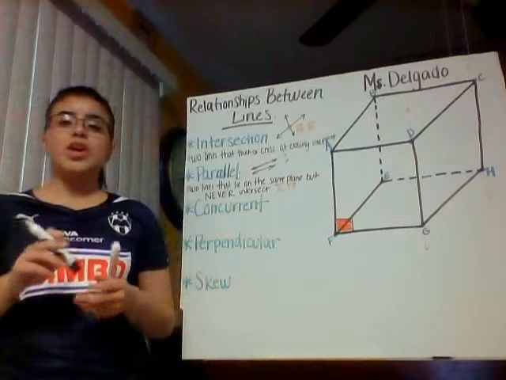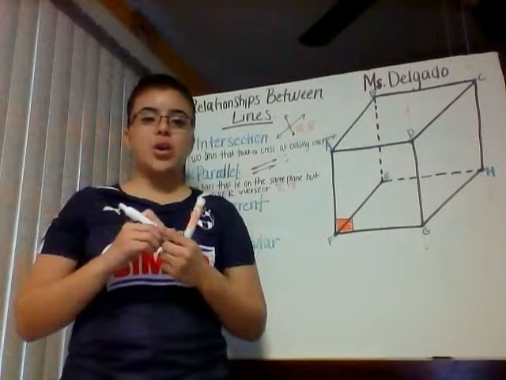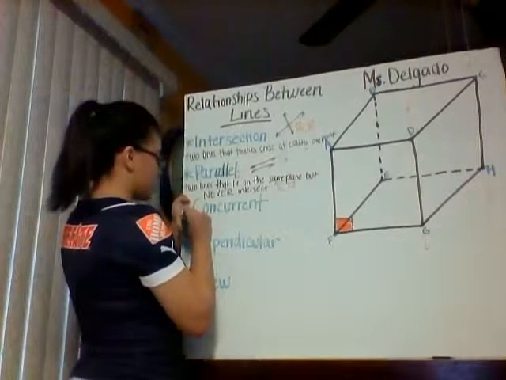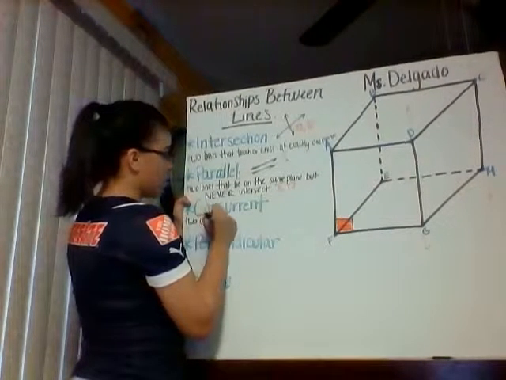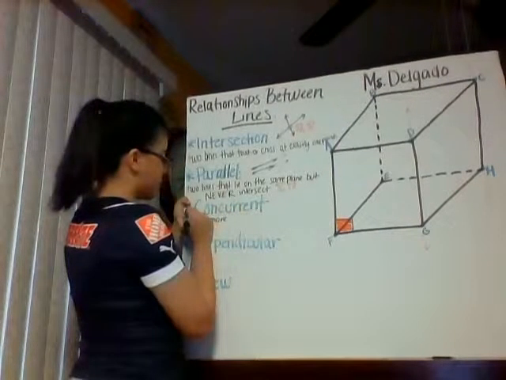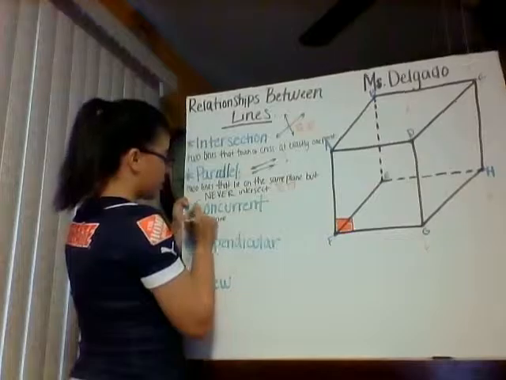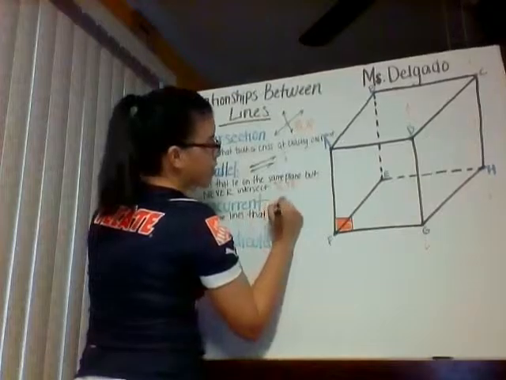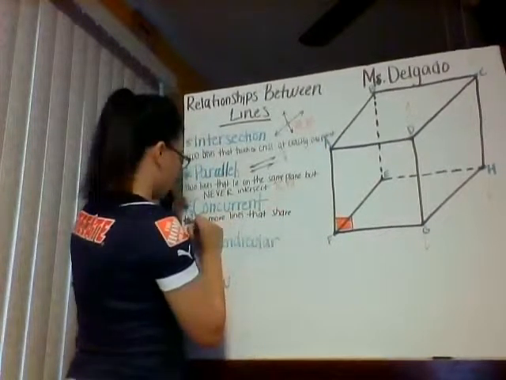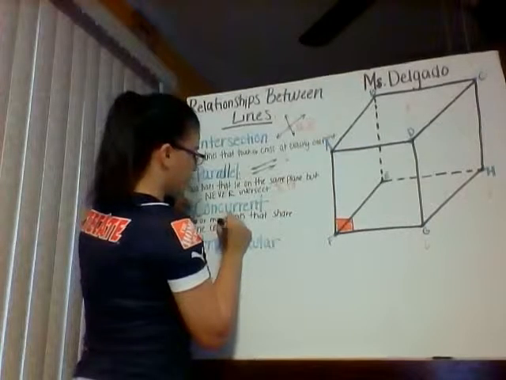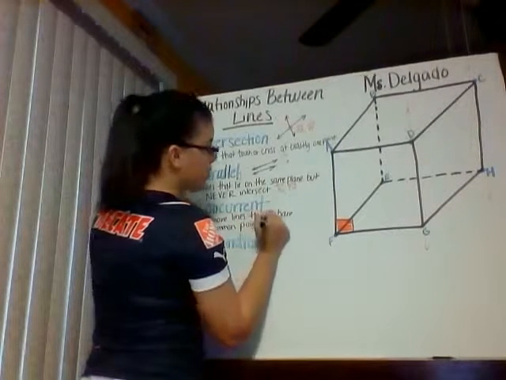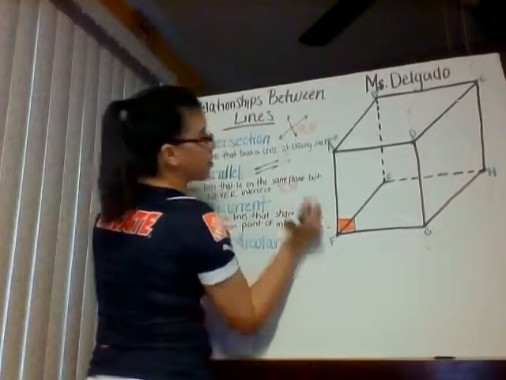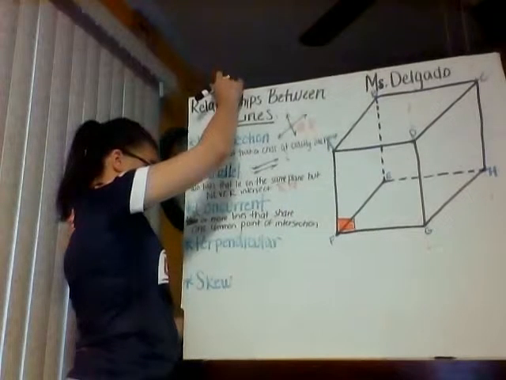Our next lines are going to be concurrent lines. Concurrent lines are going to be 3 or more lines that share one common point. So let's go ahead and write our definition. 3 or more lines that share one common point of intersection.